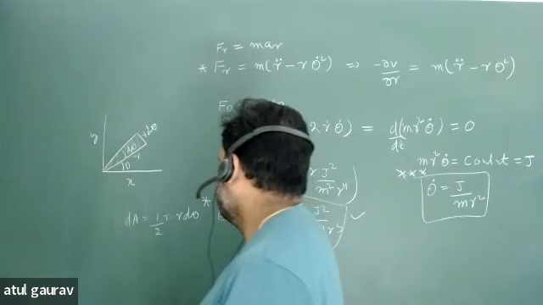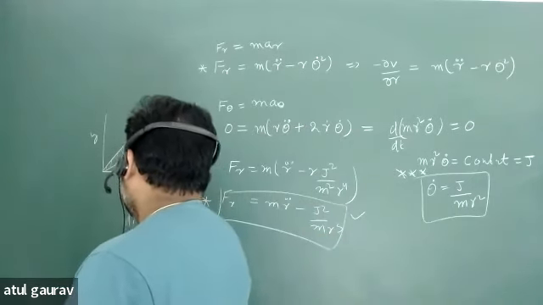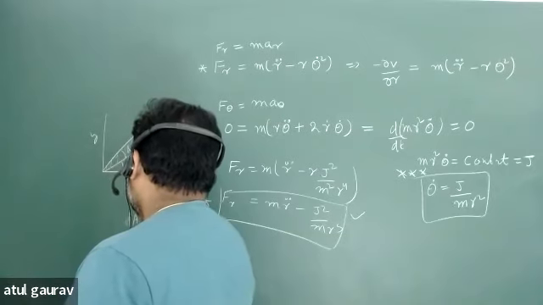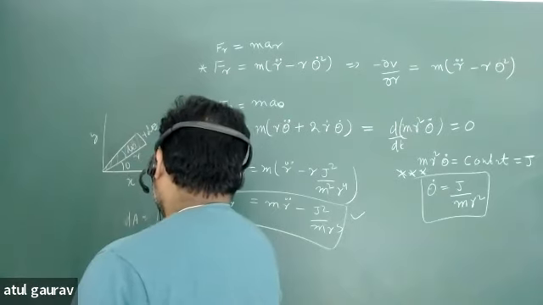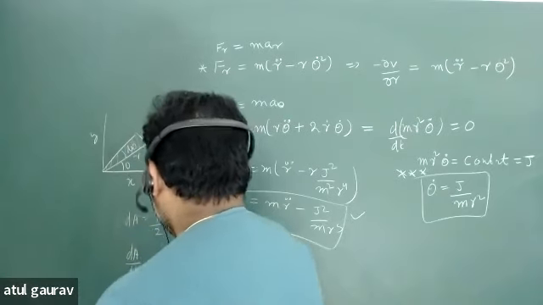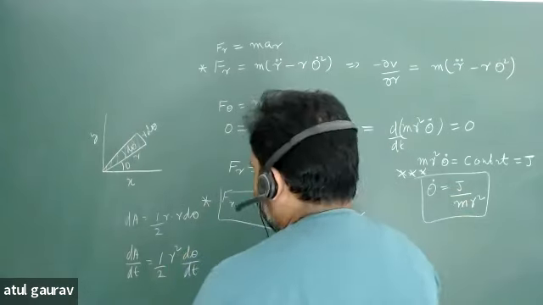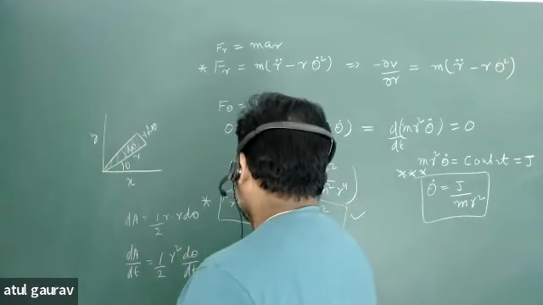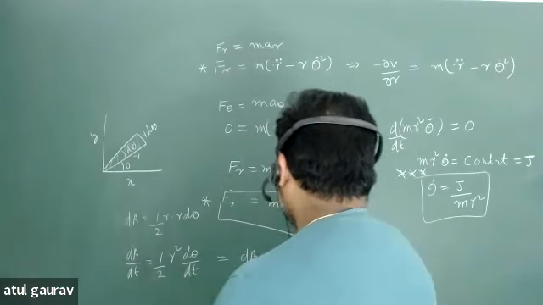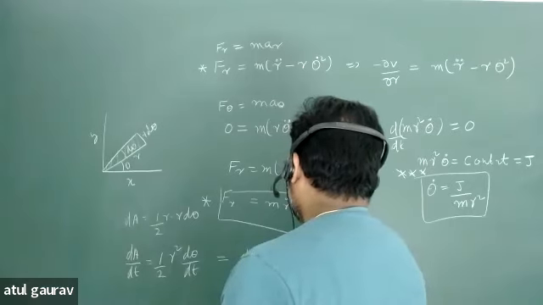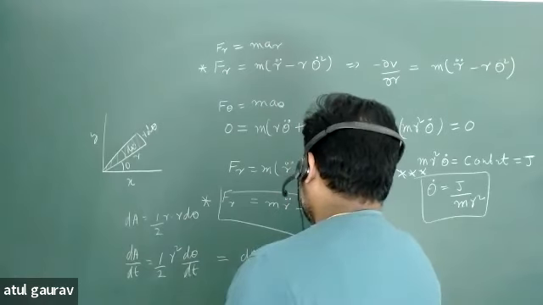Now if you divide by the time, dA upon dt must be equal to half r square d theta upon dt. And what will you get? For d theta upon dt, again you can use J upon mr square, and this gives dA upon dt equal to J upon 2m.